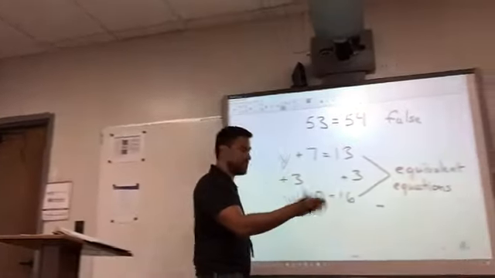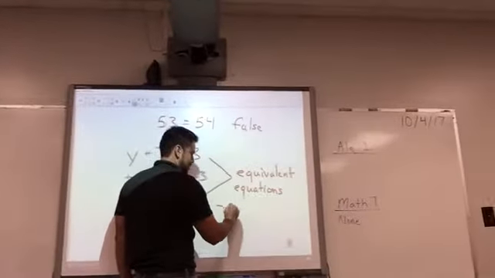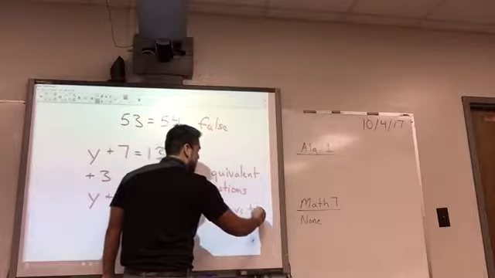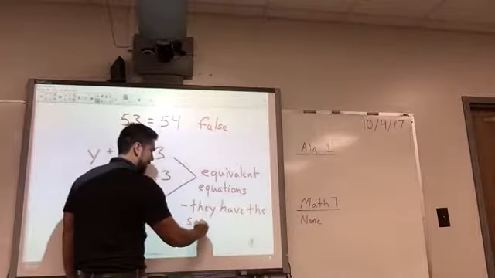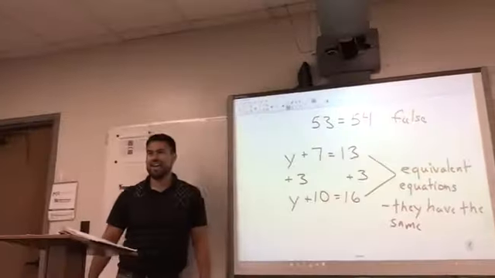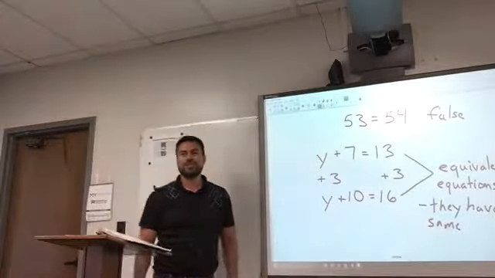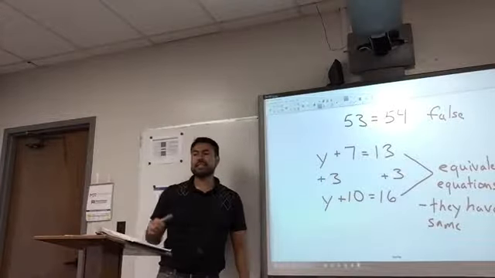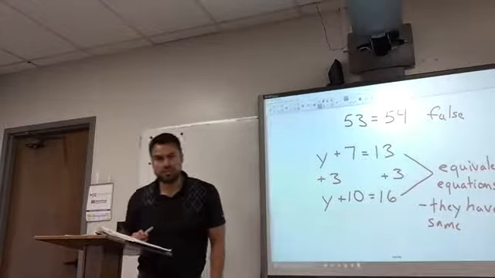What is it? They have the same, and anyone want to give it? I haven't heard it yet. The same, close. They do have y, but they have the same solution. Same solution.